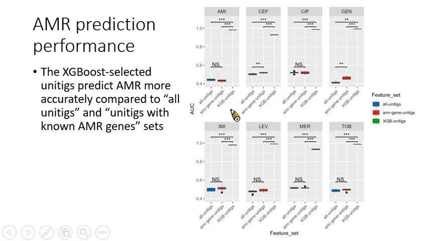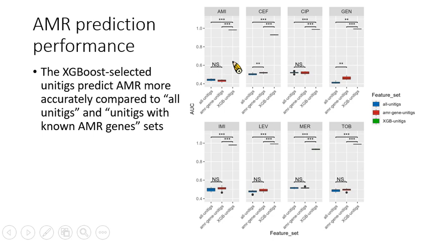We also conducted an antimicrobial resistance prediction performance evaluation. Since our feature selection was conducted by XGBoost, we see that the XGBoost-selected Unitigs perform much better than the all-Unitig dataset and the Unitigs with the known antimicrobial resistant genes.